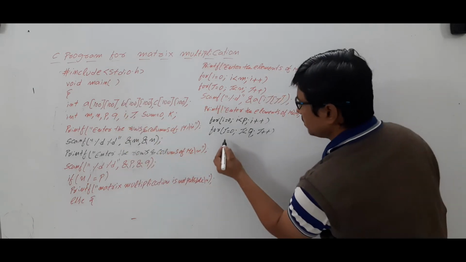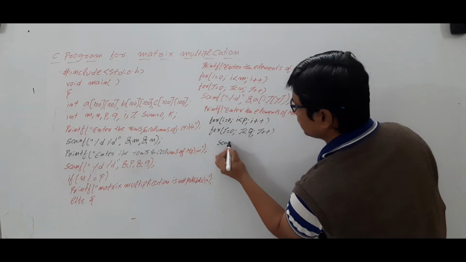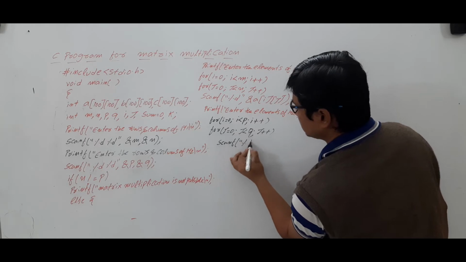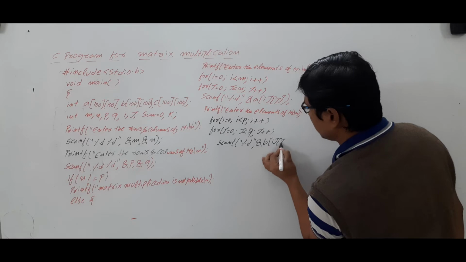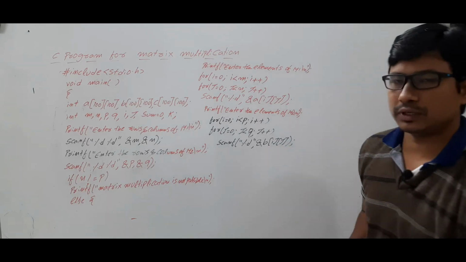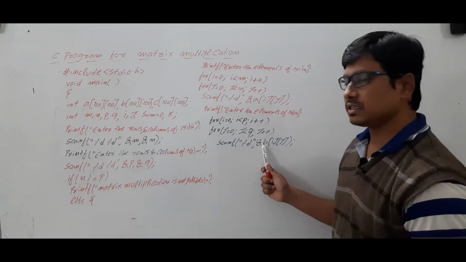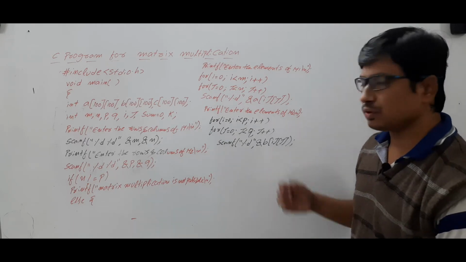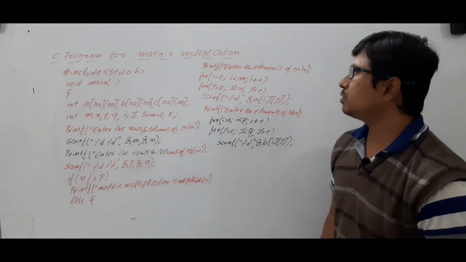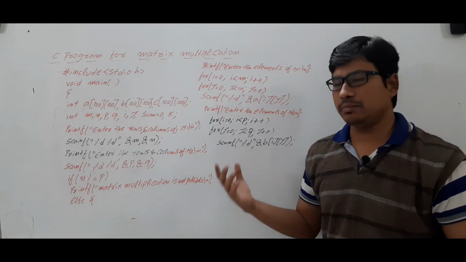Now scanf %d ampersand, you need to read these values into the matrix B, so you need to write the name of the matrix as B, and the index values are i and j for the rows and columns respectively. So you got the elements in matrix 1 and matrix 2.